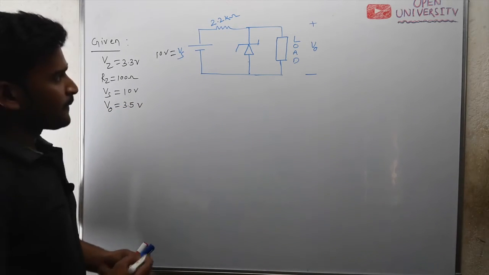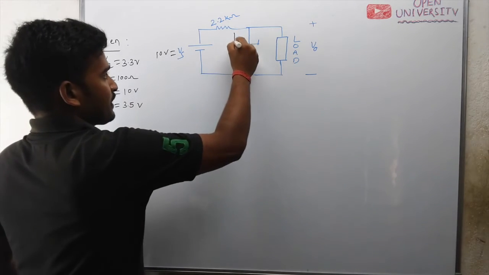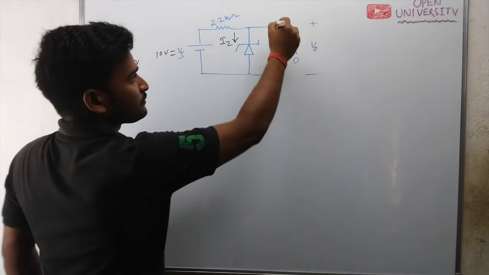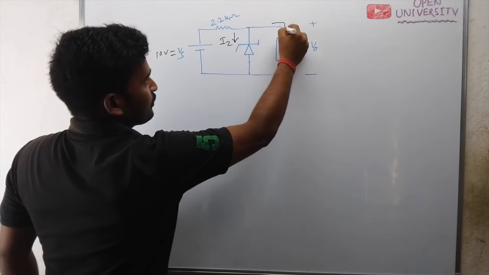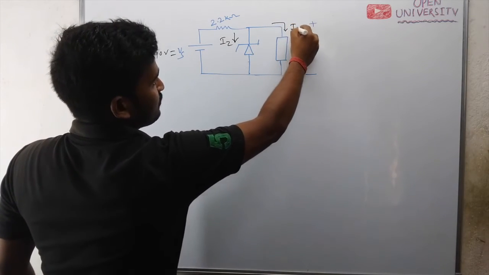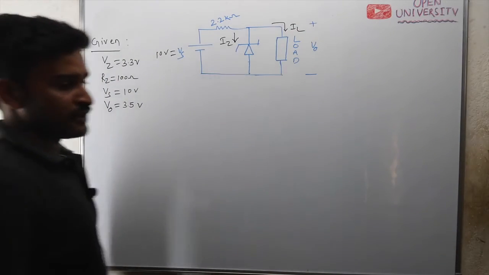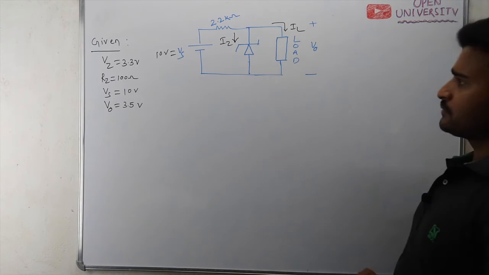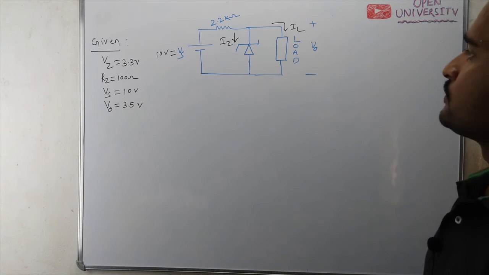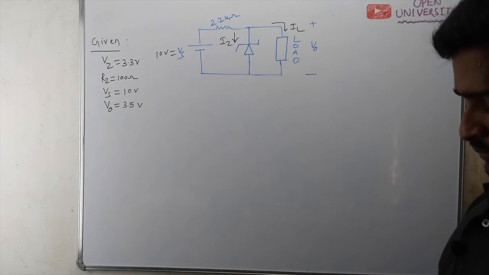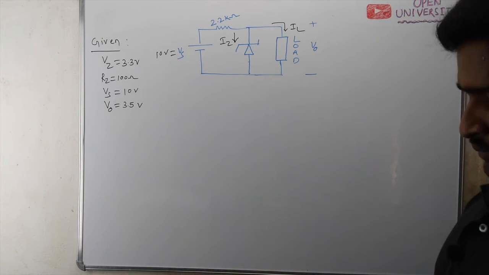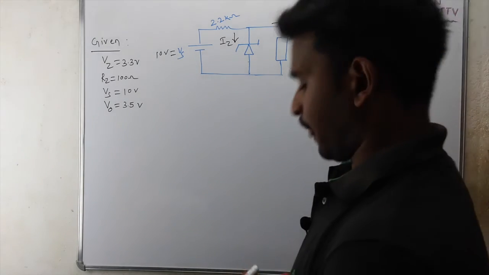Then calculate the Zener current, that is IZ, and load current, these two. So what is the Zener current and load current? What is the value of Vz given? Vz is given.